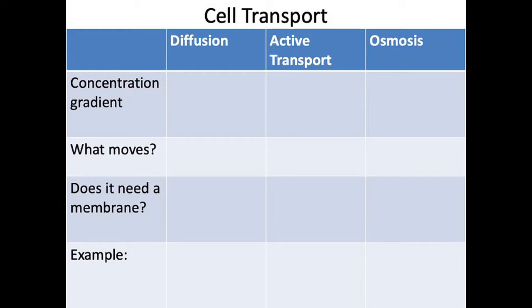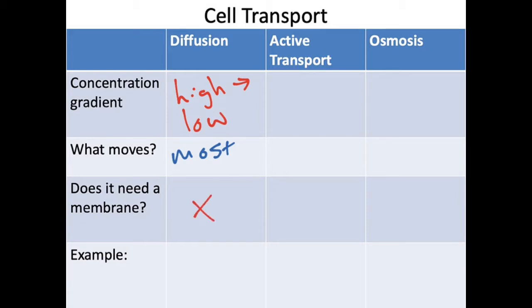Right, so diffusion: the concentration gradient is high to low, so things move from high to low. What moves? Any things that dissolve and move around; gases and liquids can all diffuse. Solids can't because the particles can't move around, but most things can diffuse. Does it need a membrane? No, it doesn't.